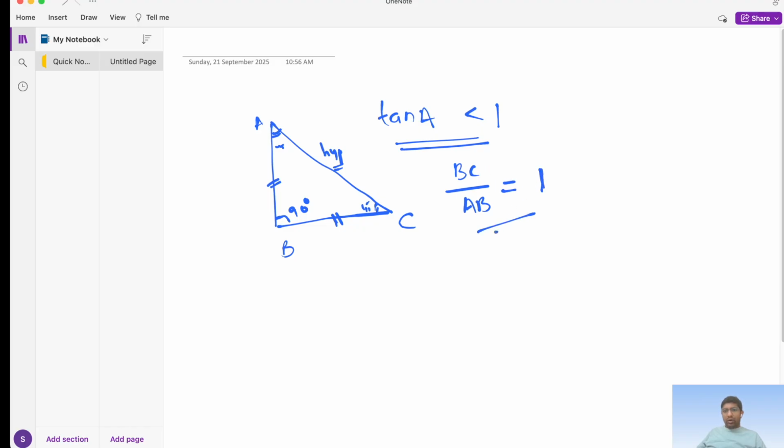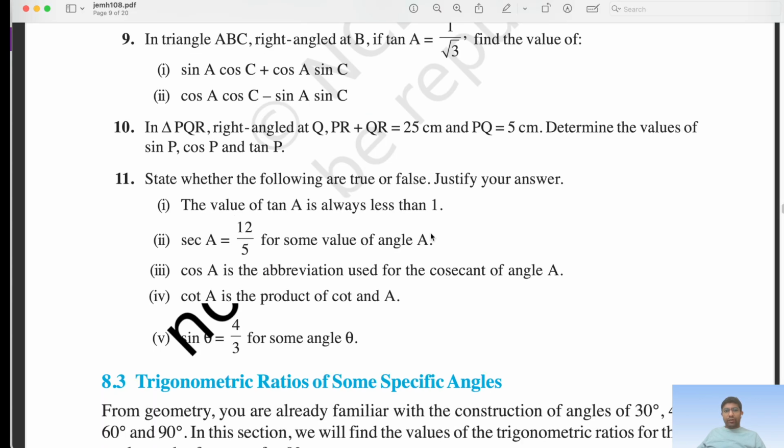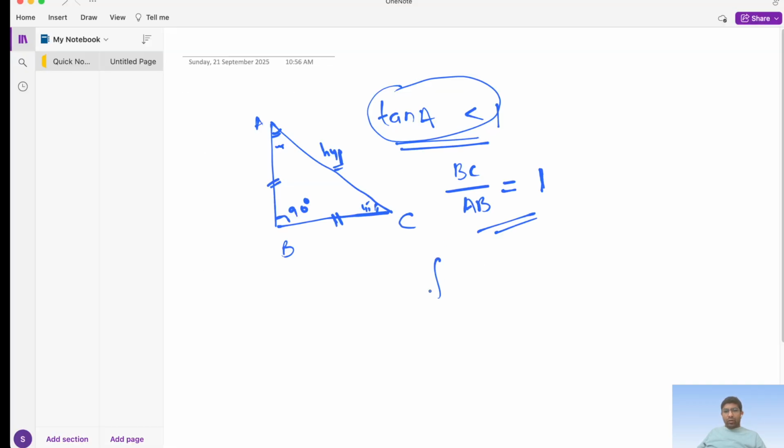So we can contradict this statement, tan A is always less than 1, by taking an example of a right angled isosceles triangle and prove that tan A is equal to 1, not always less than 1. So the first statement is false.